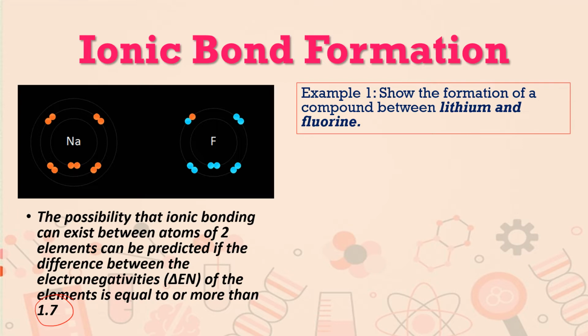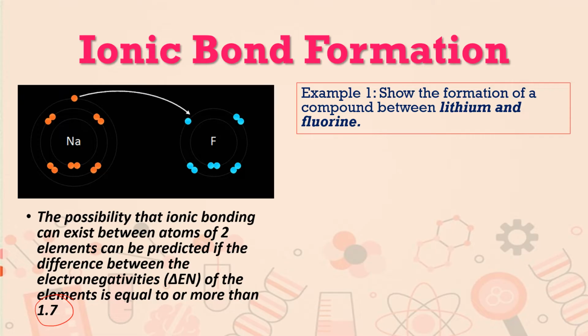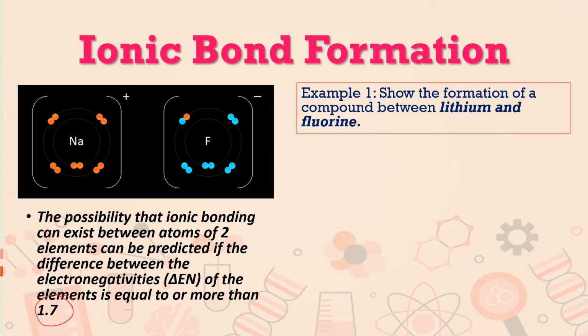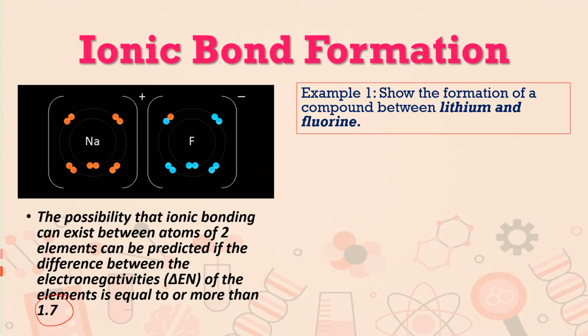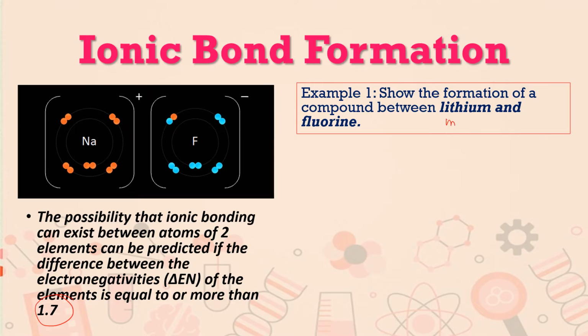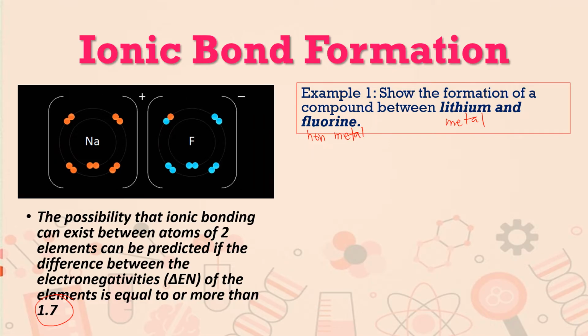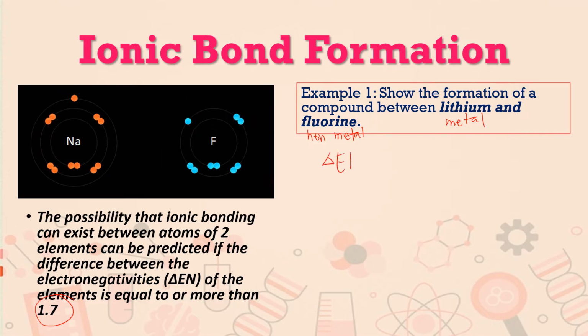So let's try this example to show how ionic bonds are formed. Number 1, show the formation of a compound between lithium and fluorine. So how do we know that lithium and fluorine could form an ionic bond? First, lithium is a metal and fluorine is a non-metal. Second, let's see their electronegativity difference.